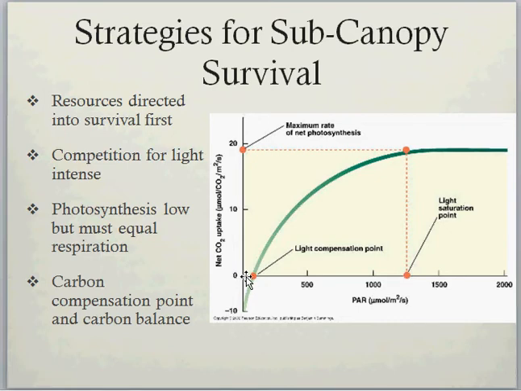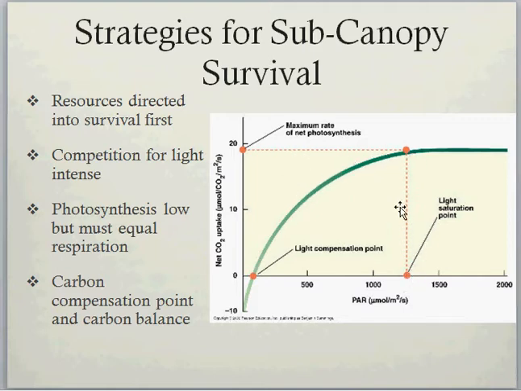So the carbon compensation point is a good way of assessing whether a plant would be able to survive in the understory. Similarly, if this carbon compensation point is lower, it usually indicates that the maximum photosynthetic rate, or the point at which the photosynthetic machinery of the plant is saturated, usually occurs at a much lower point.